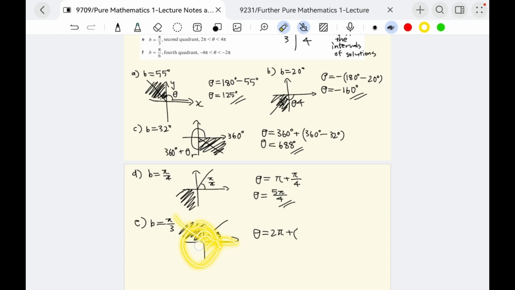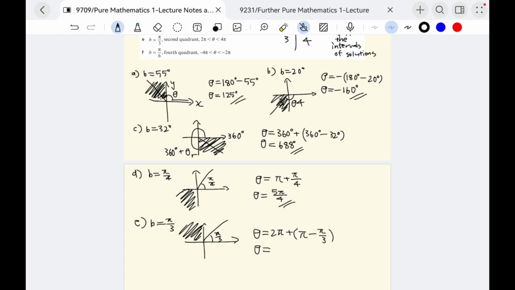So it's pi, the angle subtended by the straight line, minus pi over 3.